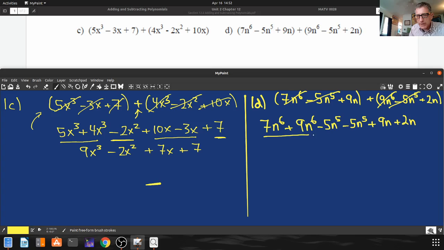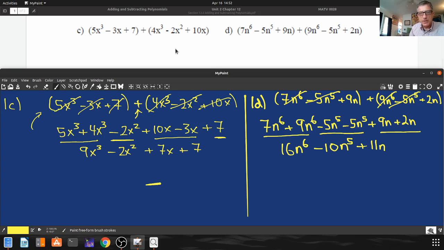So these are like terms, these are like terms, these are like terms, so I combine them. 7 plus 9 is 16. So that's 16n to the 6th power. Minus 5 minus 5 is minus 10. Attach it to the variable, raised to its power. 9 plus 2 is 11n.